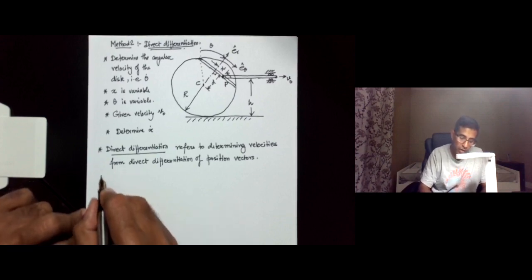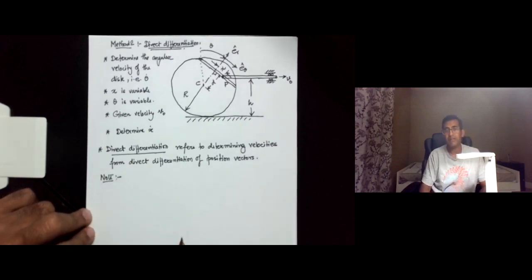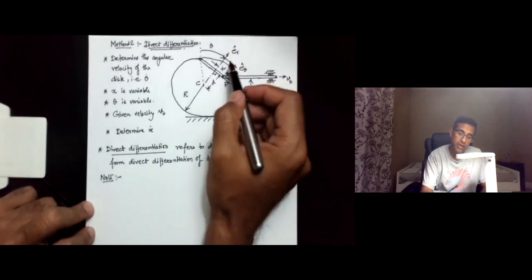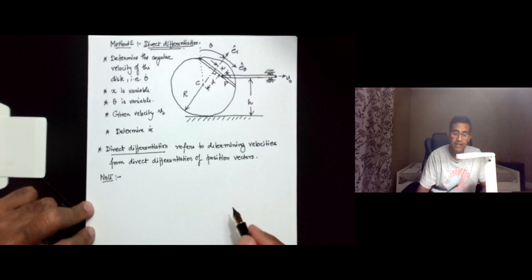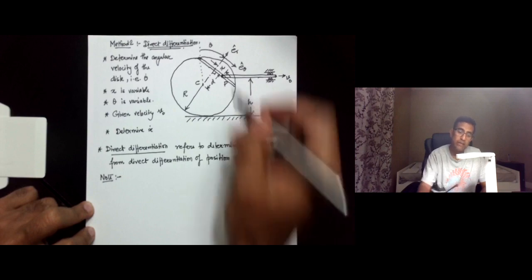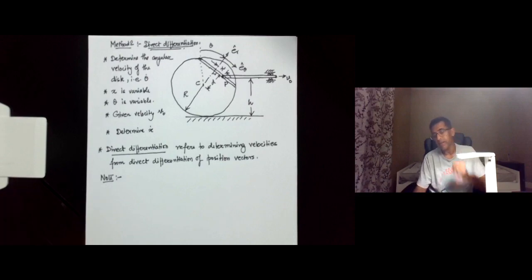Now, one note over here is that as we solve this method of direct differentiation, we'll still use this ER, E theta, and in fact there is an EZ which is pointing into the page perpendicularly downwards. So that triad is still going to be there, and it is a rotating triad. But instead of using the rotating frame equations, we are going to go to the fundamentals of using the position vector and then differentiating it.